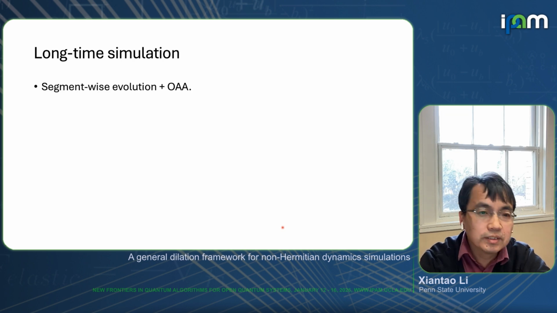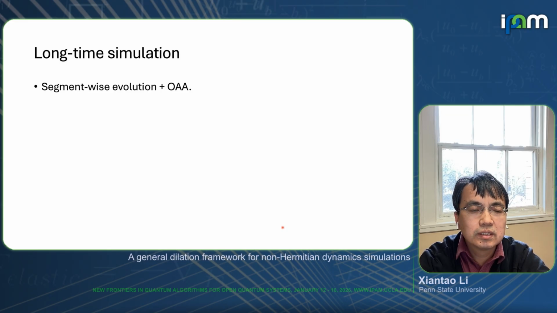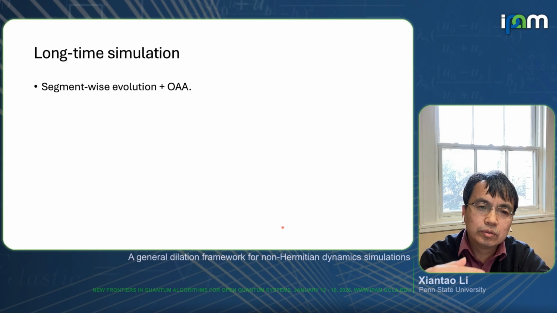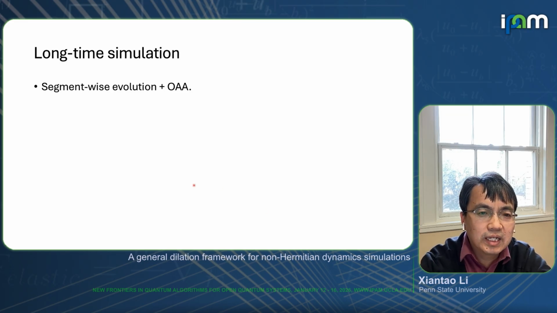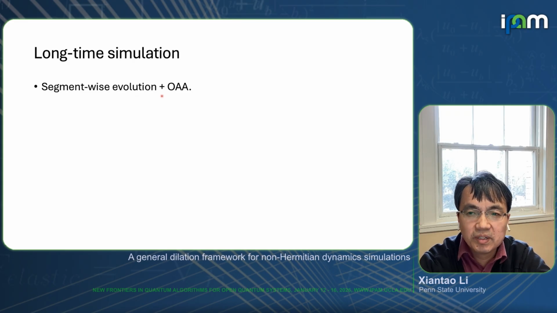For long-time simulations, due to the light cone property, if k is large, then we have to choose the simulation time to be shorter. And so to get to a long time simulation period, we're going to have to divide it into segments. And after each segment, you're going to do oblivious amplitude amplification.